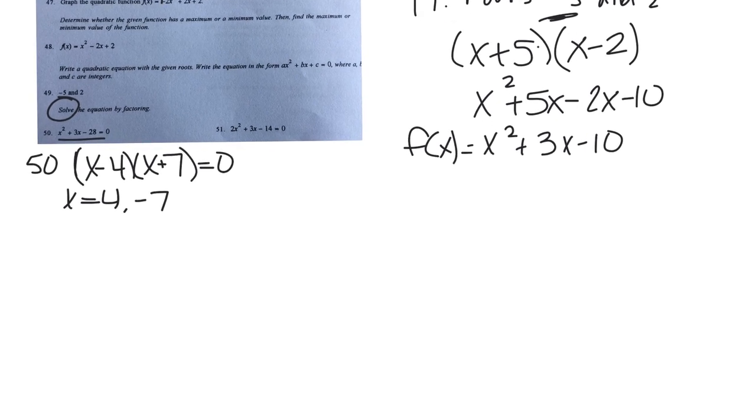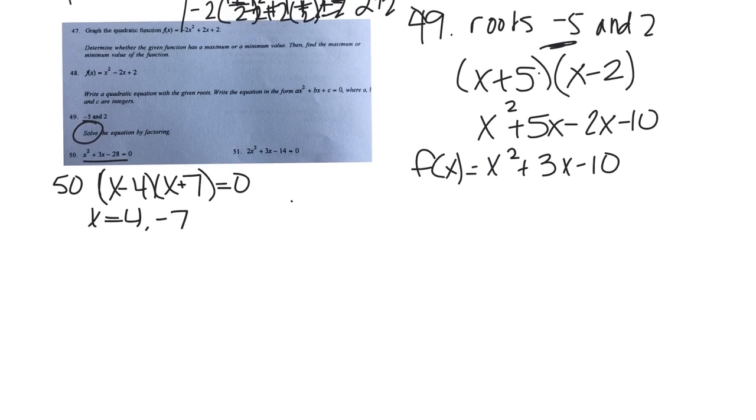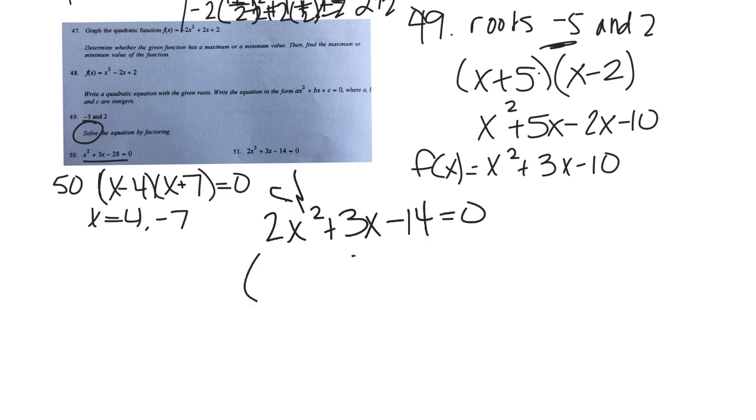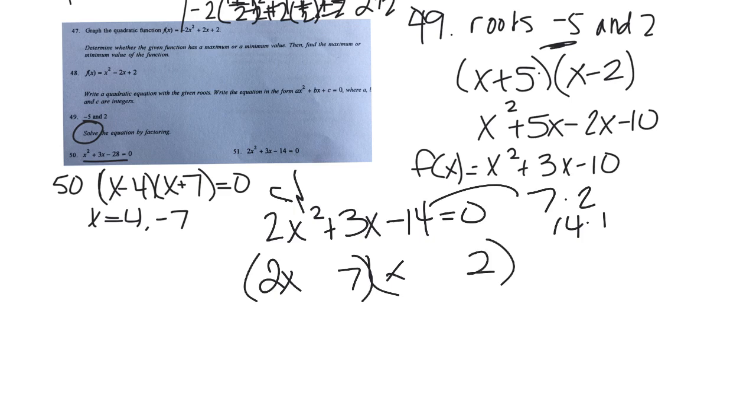And the last one for this page, 2x squared plus 3x minus 14. I don't know why it does that. 2x squared plus 3x minus 14 equals 0. So we can only use 2x and x. 14 is 7 times 2 or 14 times 1. I'm going to try 7 times 2.